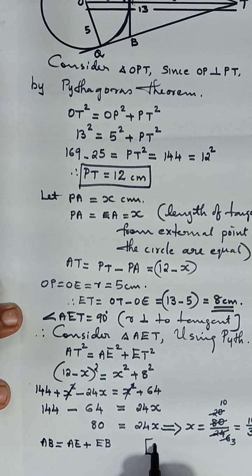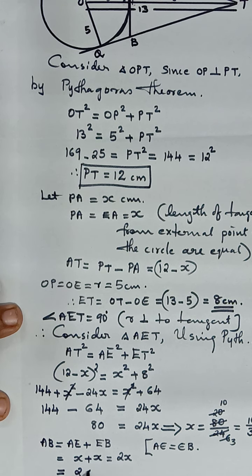Here AE is equal to EB, so x plus x, which is 2x, that is 2 into 10 by 3, which is 20 divided by 3.